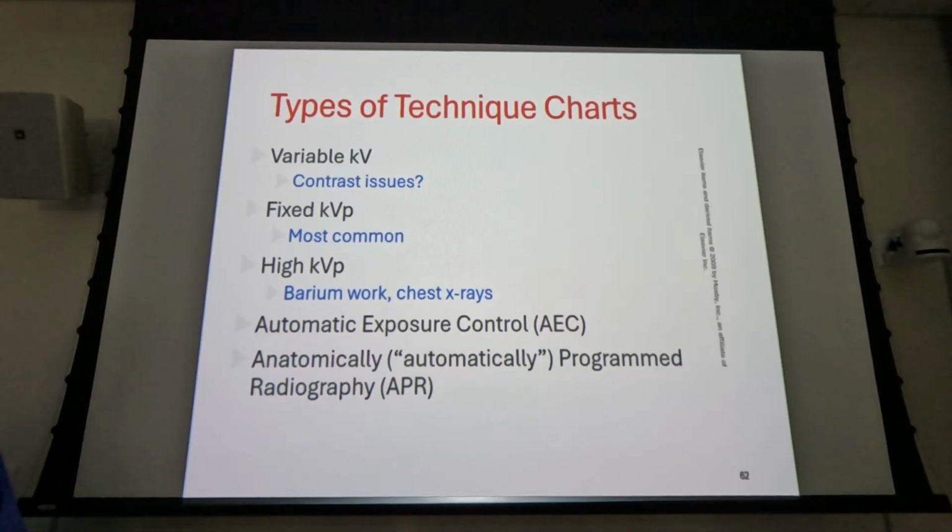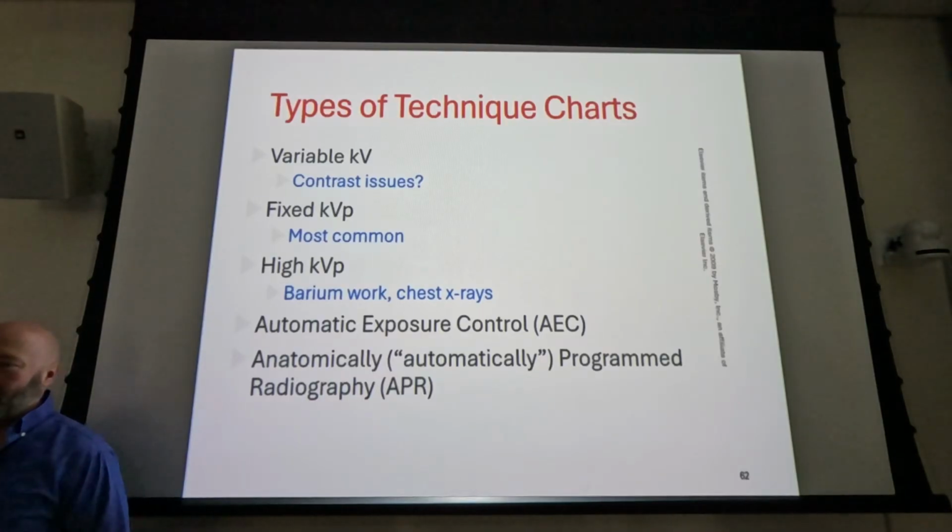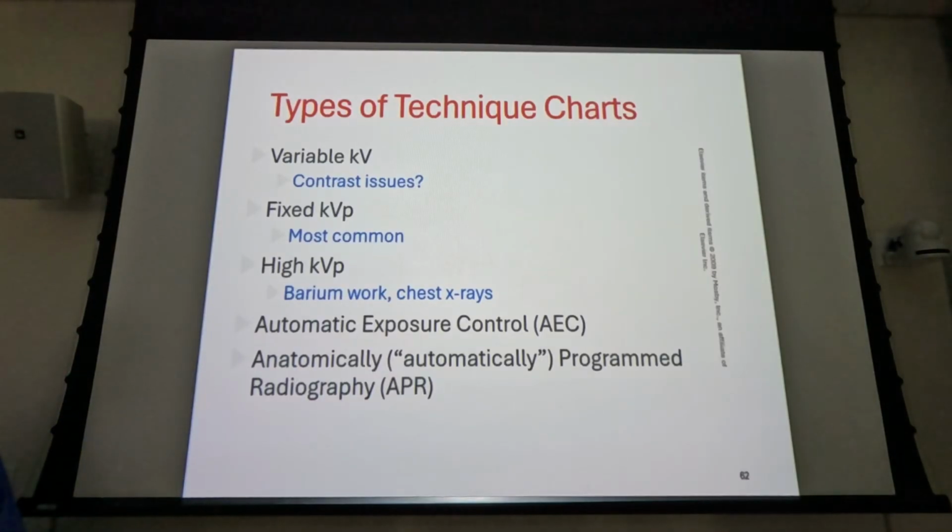So the lower the kVp, what's your contrast look like? Lower kVp, you get more differential absorption, and you get more blacks and whites, so it turns out very high contrast. So in that way, long ago, variable kVp charts were a high contrast kVp chart.